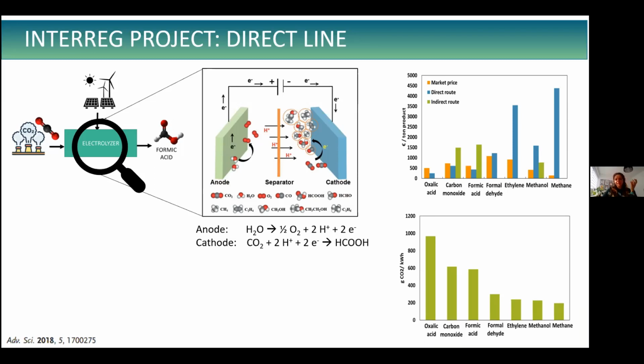From this economic analysis, we can also see that oxalic acid is quite a serious alternative, but the market growth potential is rather small, and we expect that oxalic acid will remain a niche application also into the long term. So in this project, we are focused on the formation of formic acid and how to scale up to industrial relevant conditions.